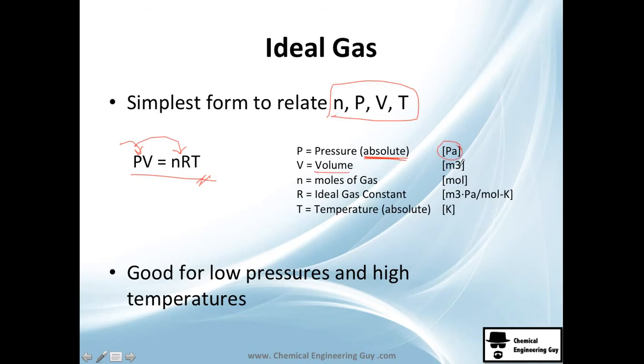V is for volume, cubic meters typically. Now, n here is for moles of a gas. Which gas? Whatever gas. It could actually be total gas, moles of A plus B. Of course, you need to account for that temperature, pressure, and volume. And it is typically gram mole.